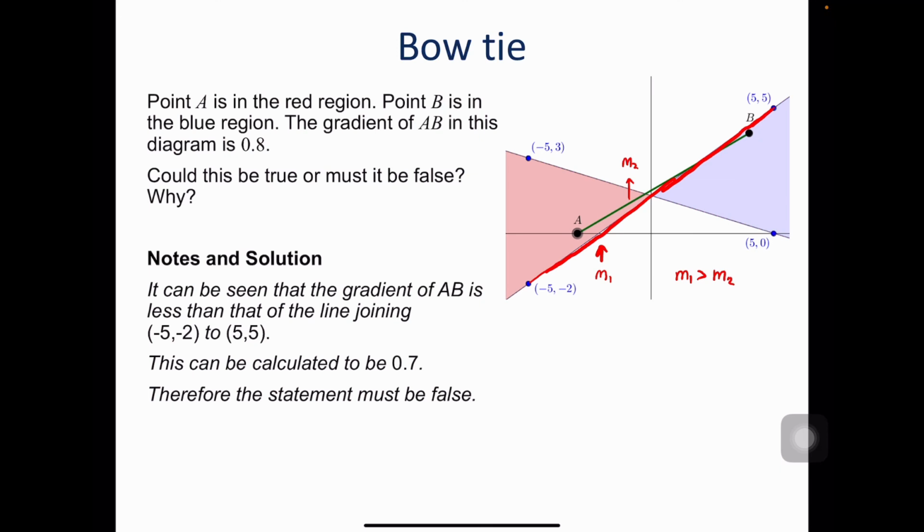And so let's work out M1. We have 2 coordinates. We can work out change in y over change in x. So M1 is 0.7. And so M2 cannot be 0.8. Why not? Because M2 has to be smaller than 0.7. So the statement is clearly false.